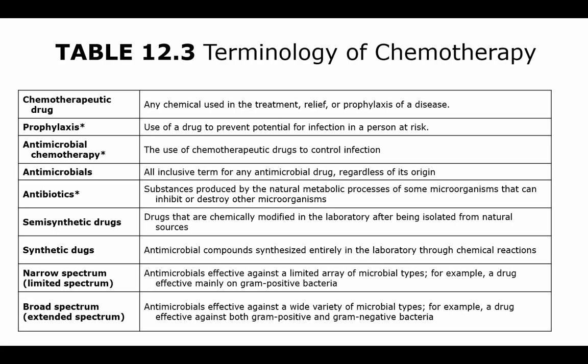Antibiotics, those are the ones that are produced by metabolic processes of microorganisms. And then you have the narrow spectrum, which works against a very limited group of microbial types. It's very effective on mainly gram-positive bacteria, and the broad spectrum affects a wide variety of microbial types, and it's very effective for both gram-positive and gram-negative.